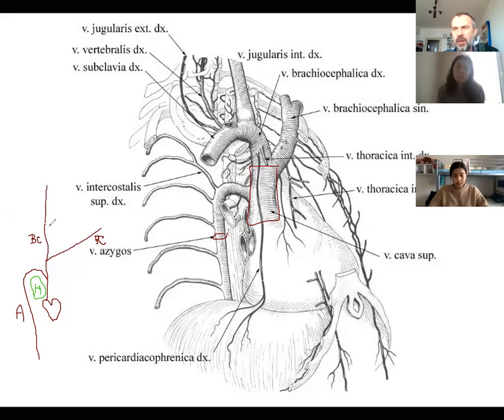The brachiocephalic vein originates from a vein of the upper limb, the subclavian, and from a vein of the head, the internal jugular, on both sides, of course. And then some tributaries in this area. We have a tributary which comes from the thyroid gland.